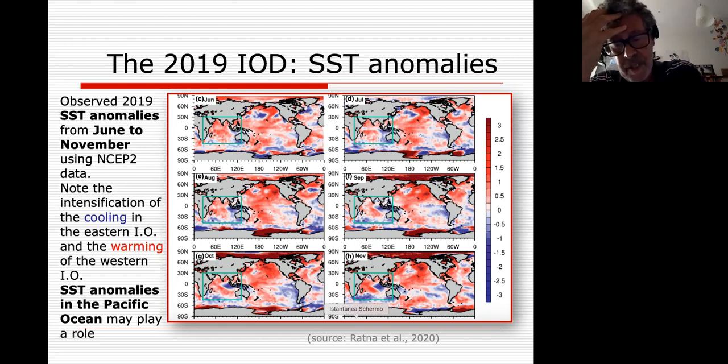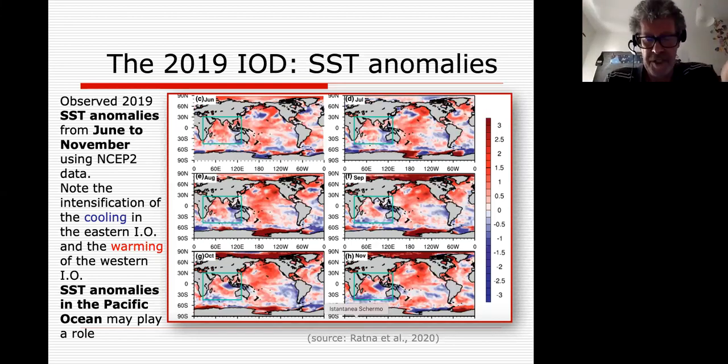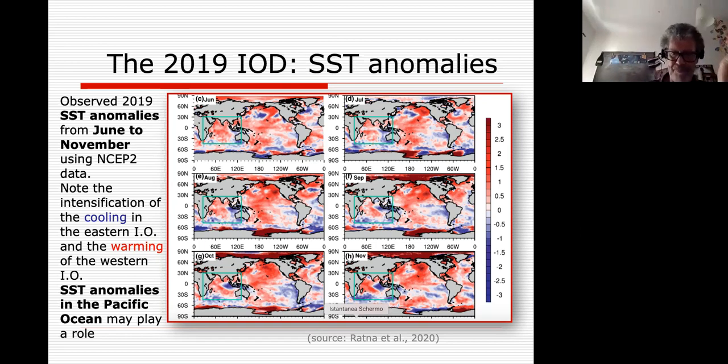This corroborates the statement that the IOD is part of a larger global system and obviously interacts with it.